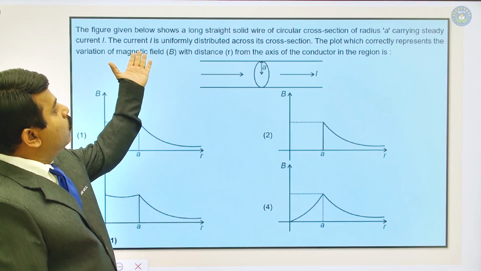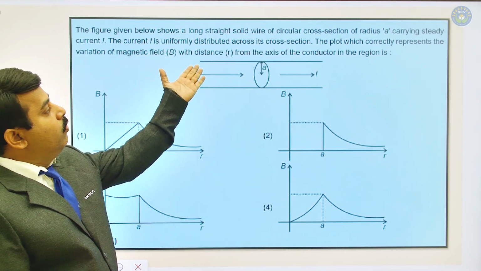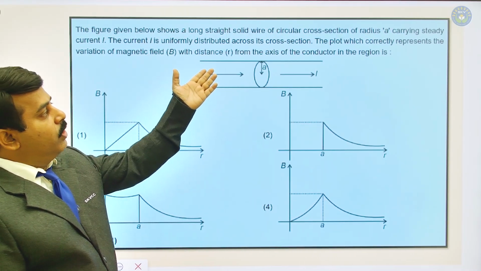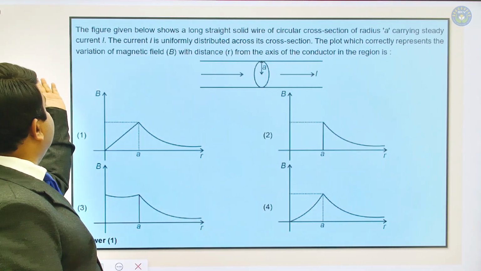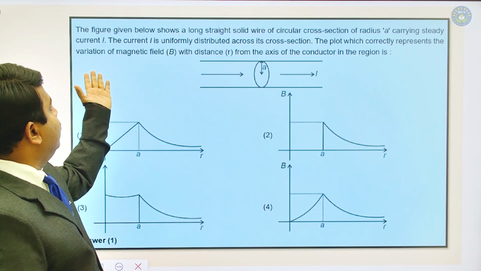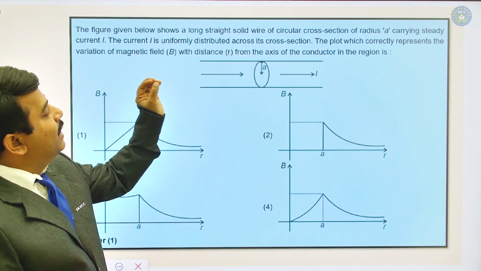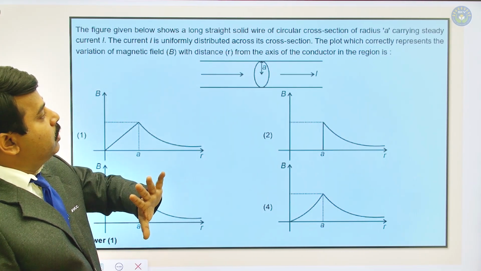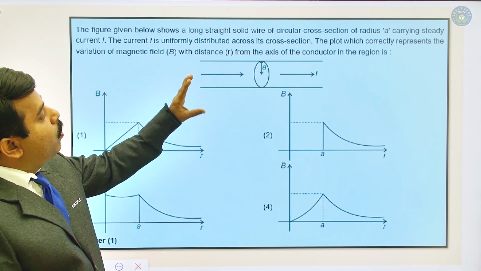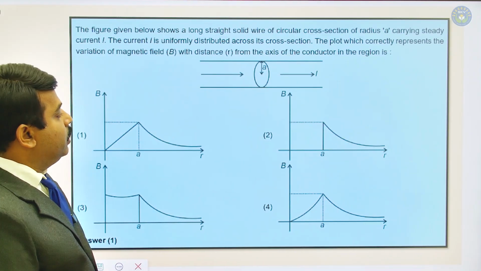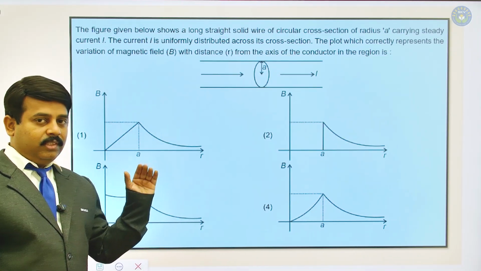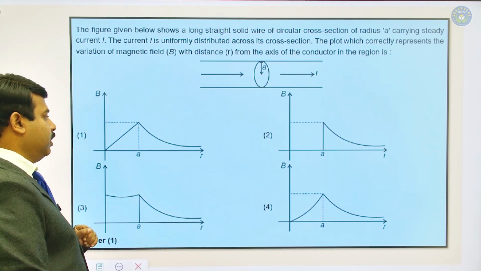Now, question number 39. The figure shows a long straight solid wire of circular cross section of radius A, carrying a steady current I. The current I is uniformly distributed across its cross section. Which plot correctly represents the variation of magnetic field? This derivation we did in class, right?